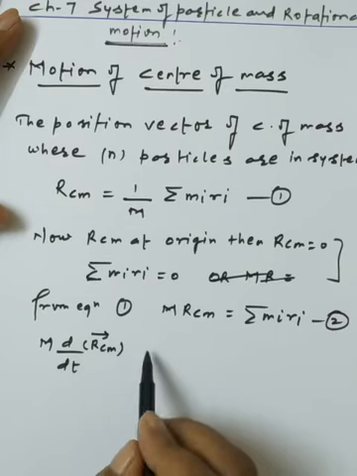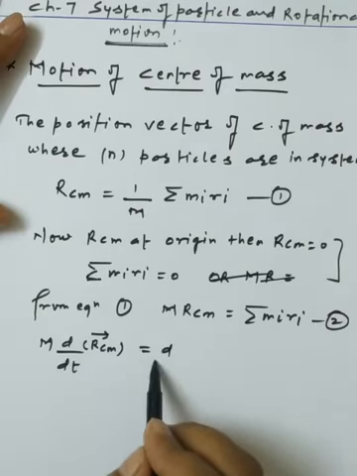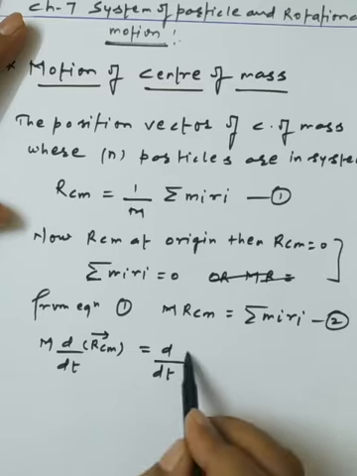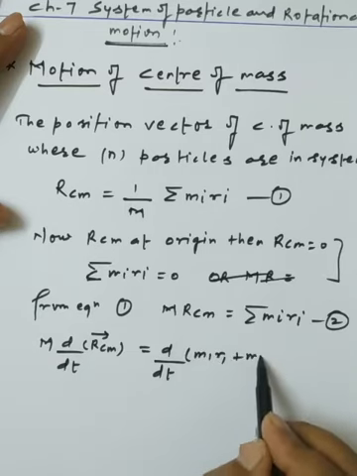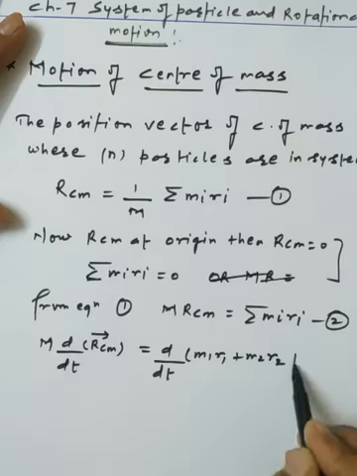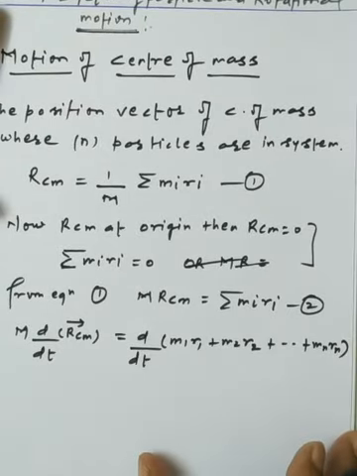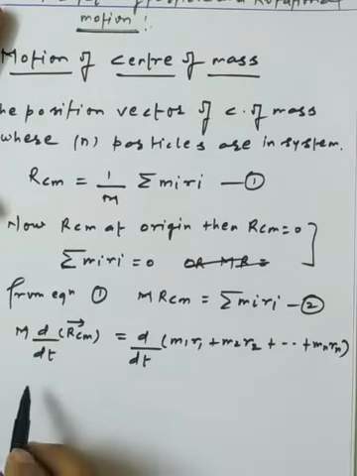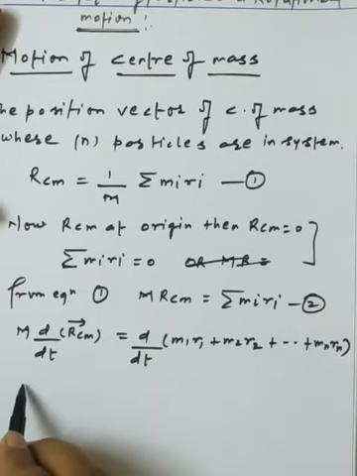Now M d/dt of R_CM, and here I can also multiply by the operation d/dt, and I am writing m1 r1 plus m2 r2 plus and so on plus mn rn. As we are assuming that there are n particles in the system, we are making a little modification in the equation.